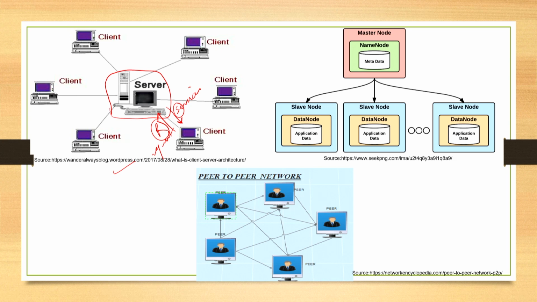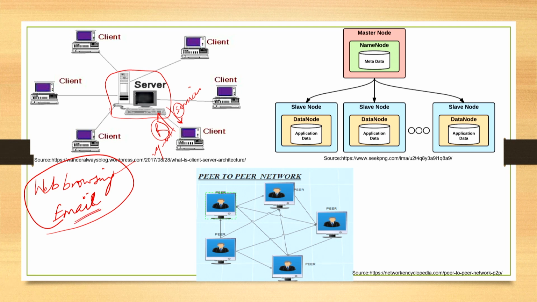The best example of this client server architecture is web browsing and email, because in the case of email, whether you are using Gmail or Rediff or something else, you might have heard that there is a server.